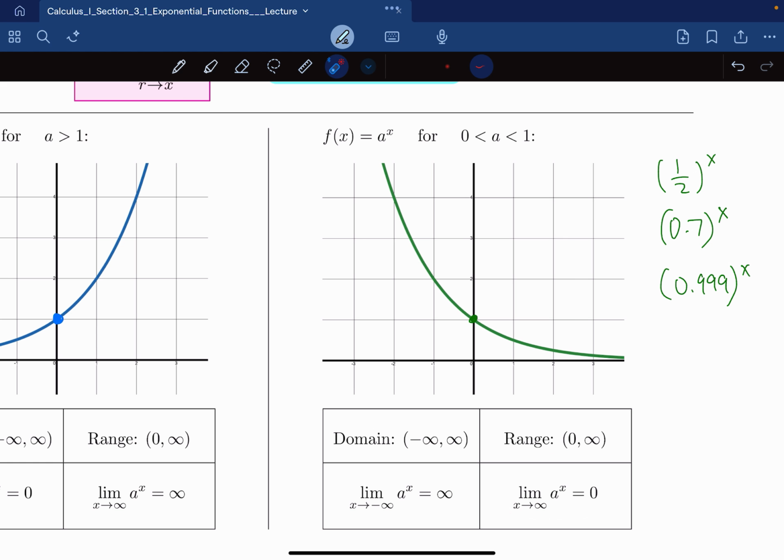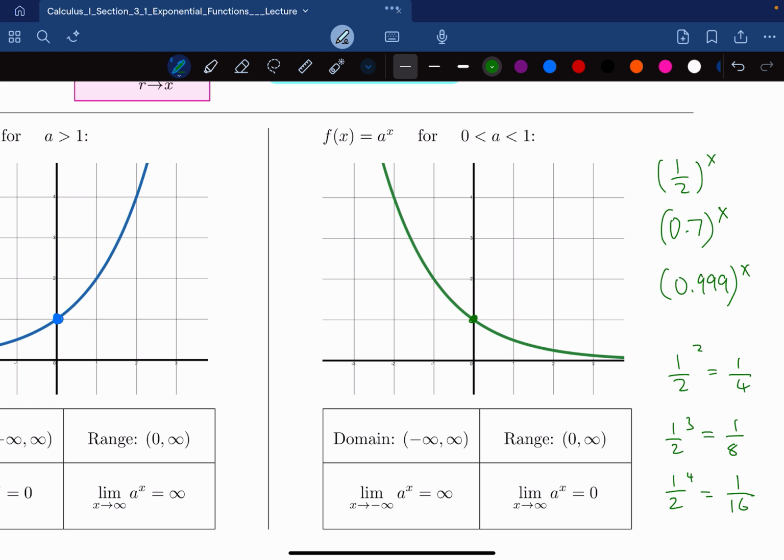And the way you can visualize both of these, by the way, if you don't want to remember things, is to play around with numbers like 1/2. If you do 1/2 to the first power, that's obviously 1/2. But 1/2 to the second power is 1/4, to the third power is 1/8, to the fourth power is 1/16.